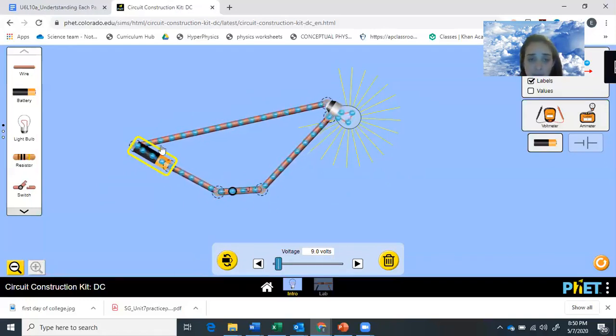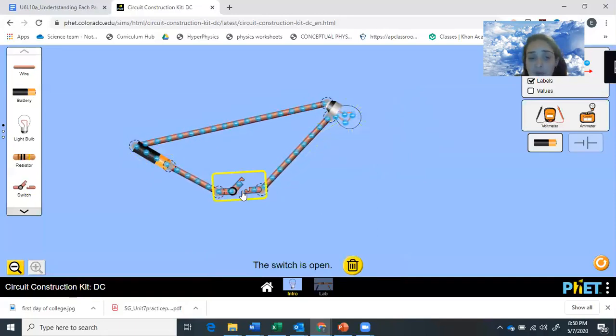So the electrons get energy from the battery, and then they go through our light bulb, and then our light bulb transforms that energy into light, and then it continues traveling, and then the switch is basically the on and off button that allows or prevents the electricity to flow.